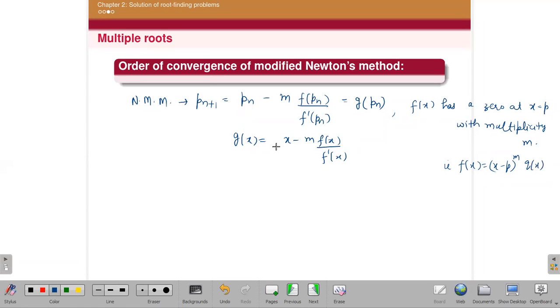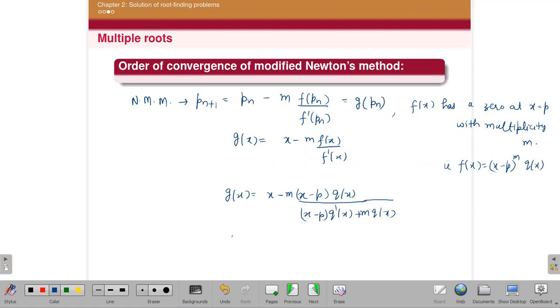So this whole procedure we have already done. Now g of x is x minus p into q of x, m multiplied here, divided by x minus p into q dash x plus m times q of x.